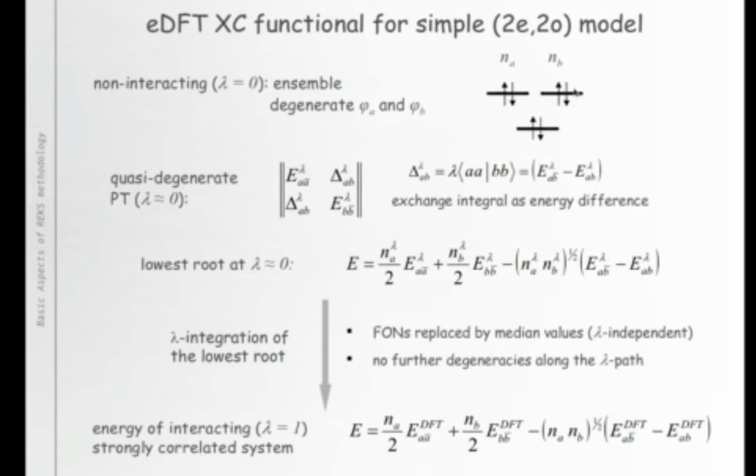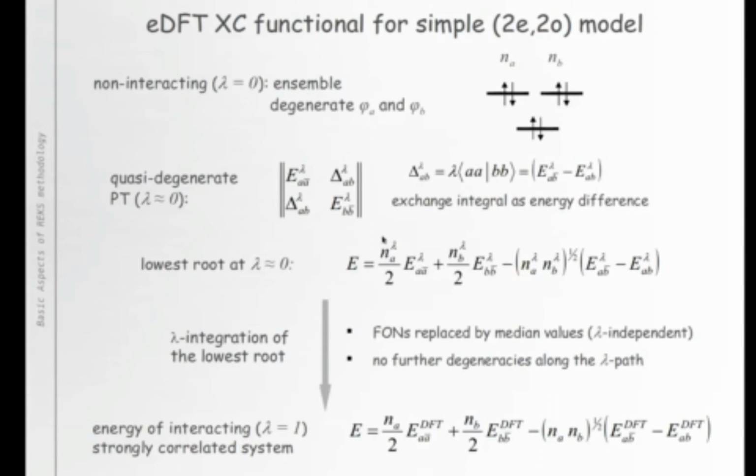You see, when two orbitals or two states are degenerate, then even an infinitesimal coupling between them can lift the degeneracy, right? And that's what I would be interested in to construct the functional for the ensemble density. At this infinitesimal lambda, non-zero but very small, I apply quasi-degenerate perturbation theory. I build a simple 2x2 secular problem.